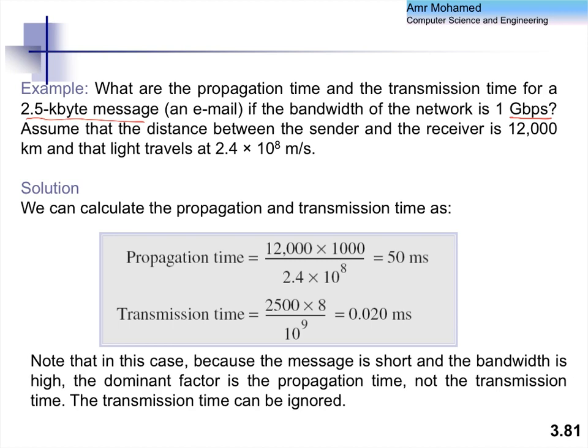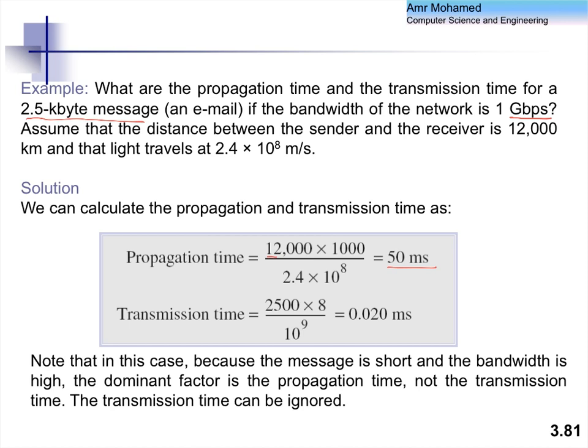Yes, this is very important. You have to really pay attention to the units, especially when you have a ratio. You have to make sure that the units of the numerator are equivalent to the denominator. So we calculated already the propagation delay is 50 milliseconds.